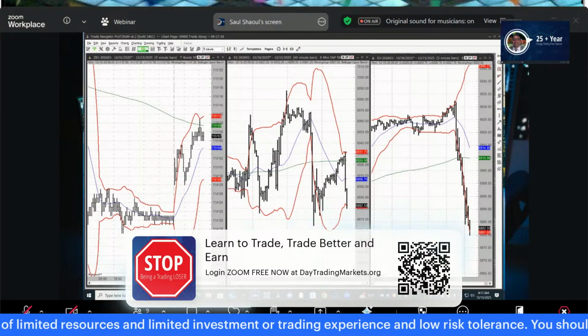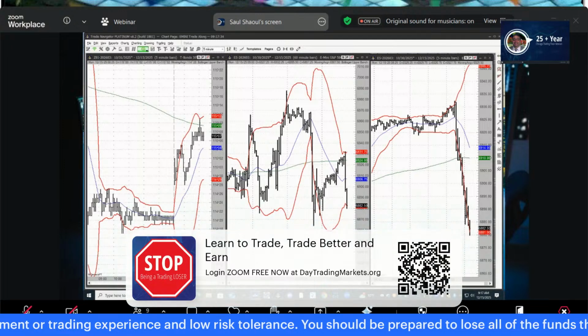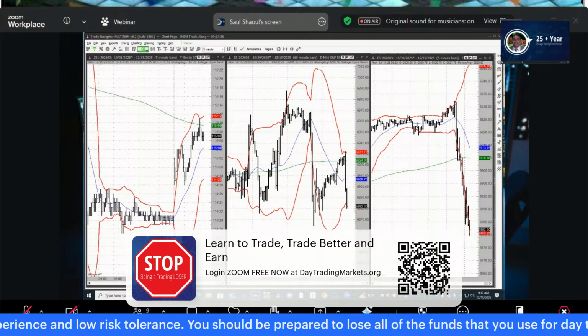All right, nice rotation here against our 80 area. There are the additional levels in the chat.